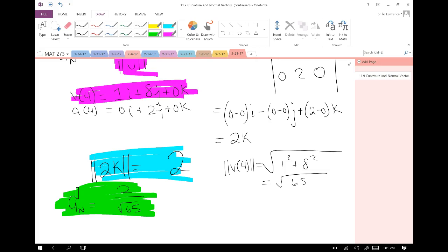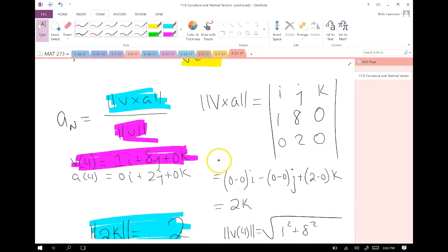Do you remember how you found the magnitude for V cross A again? You could just take it and plug it into your, we've got 0i, 0j, 2k. Where do you get the zeros? Find the zeros for the i's and j's.